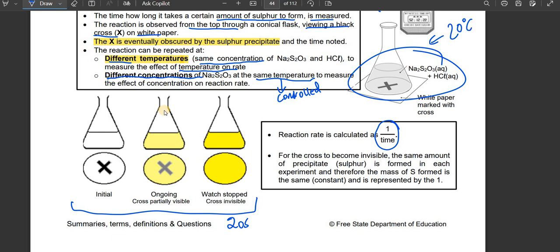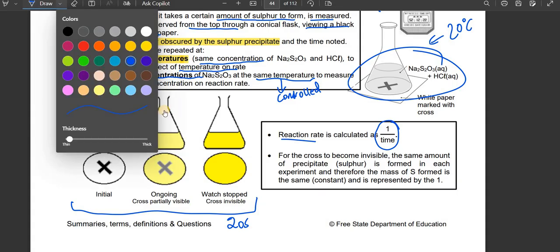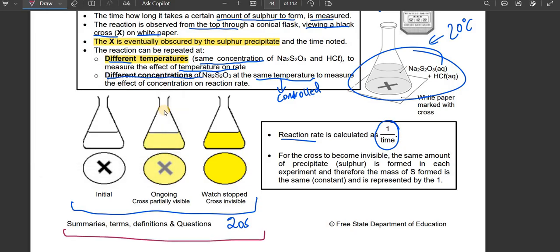Okay, and then for the cross to become invisible, the same amount of precipitate is formed in each. Therefore, the mass of sulfur formed is the same and is represented by the 1. So why this reaction rate is like this is because if this takes 20 seconds and then you repeat the experiment, and now for the second time, maybe you were doing it at 20 degrees Celsius, then maybe you change the temperature, now you're at 50 degrees Celsius, and now it takes 10 seconds.